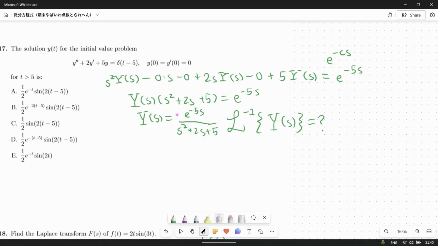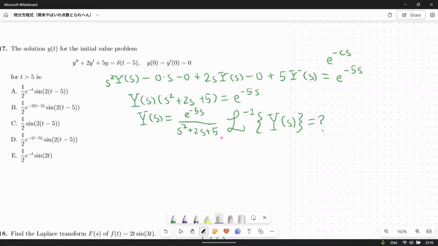So you're going to have to manipulate and mold your form a little bit into something that matches up with something on the table. And there's a variety of ways you can do that, whether it's by splitting up this polynomial using a partial fraction decomposition, or completing the square to get closer to the form of something.